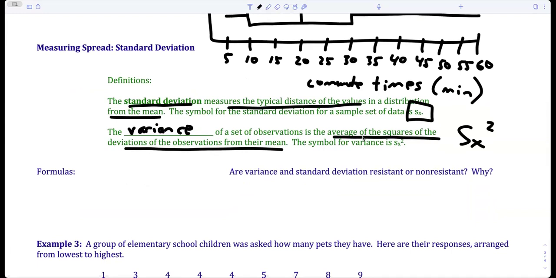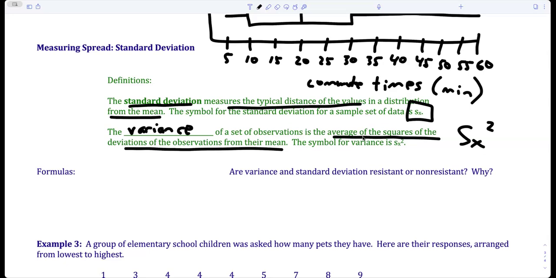But let me ask you this. It says, are variance and standard deviation resistant or non-resistant? And why? I want you to think about that question for just a second, okay?